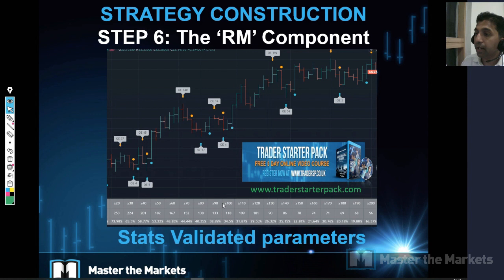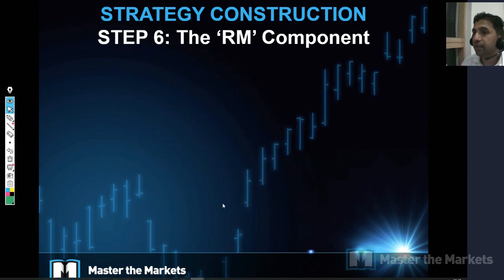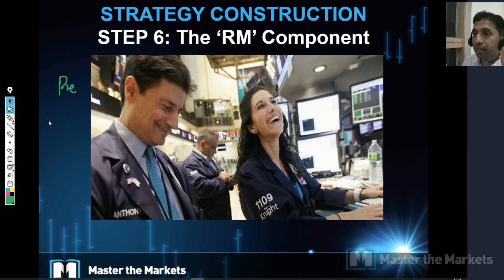I've made my point on stats validated parameters. The final thing I would say is that I have covered most of the things we need to include in the risk management component. The first is pre-trade. That means before the trade, you should have already predetermined what your risk is going to be. Is your risk going to be standard or variable? Then the next is intra-trade. Are you going to scale in or scale out when you're in the trade?